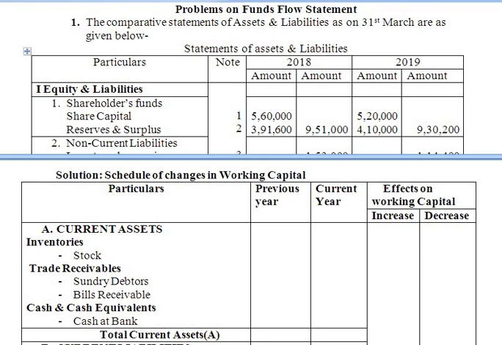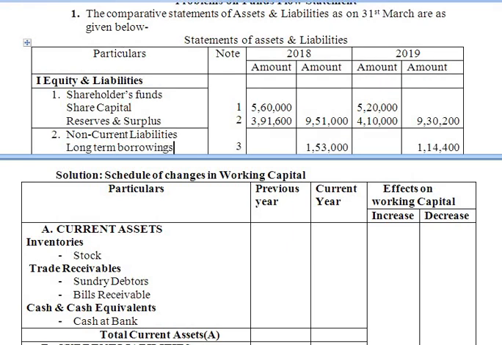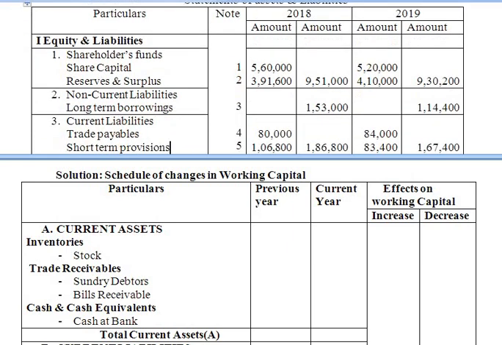The comparative statement of assets and liabilities as on 31st March are as given below. This is the statement of assets and liabilities for the years 2018 and 2019. In equity and liability side we have shareholders fund, non-current liabilities, and current liabilities.